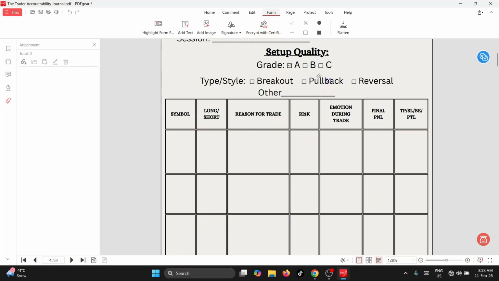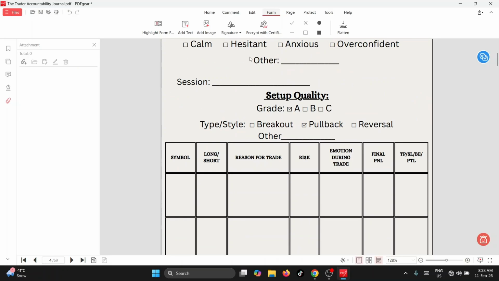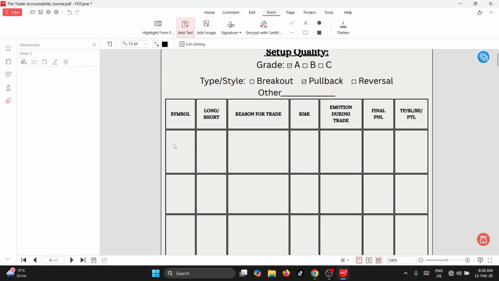I like trading pullbacks, so I'm going to put this here. Then I'm going to add text. For example, I'll show you how I would normally do mine. Let's say this one is GBP/JPY. Then here, long or short. Let's just say long.